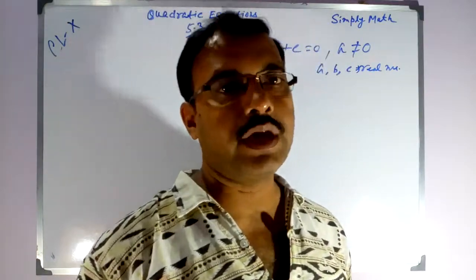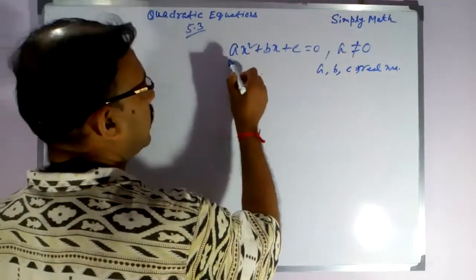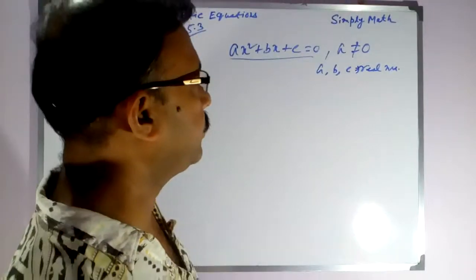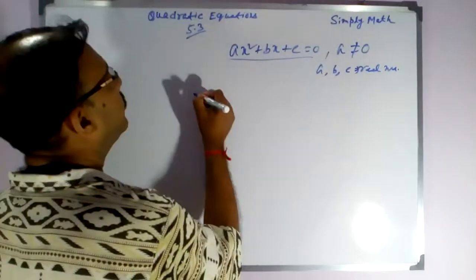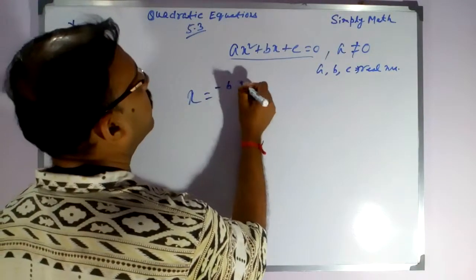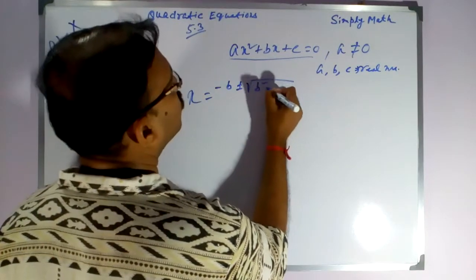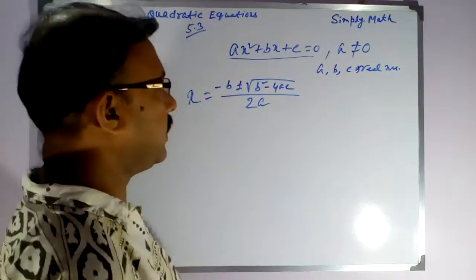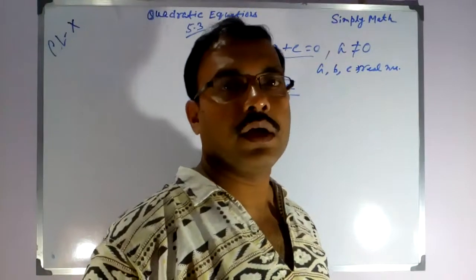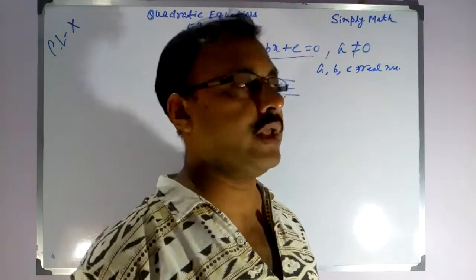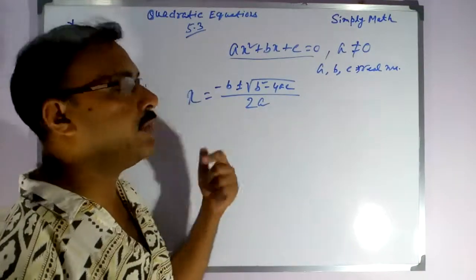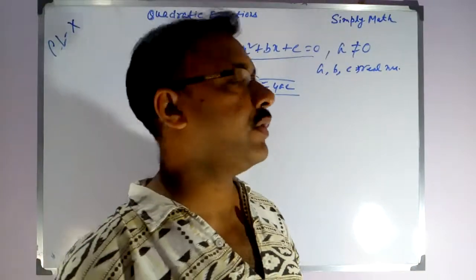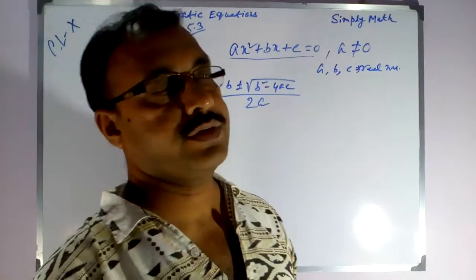This method tells us that if an equation has this generic form, then the value of x is equal to minus b plus minus root over b square minus 4ac, by 2a. This will be the root of this equation.